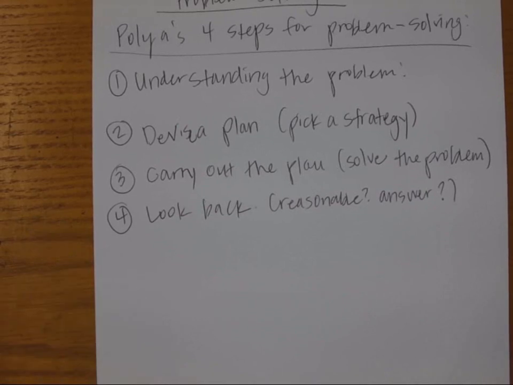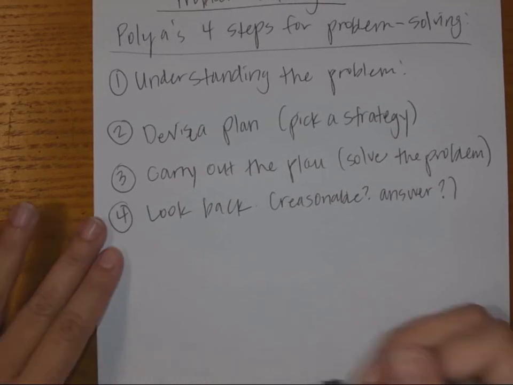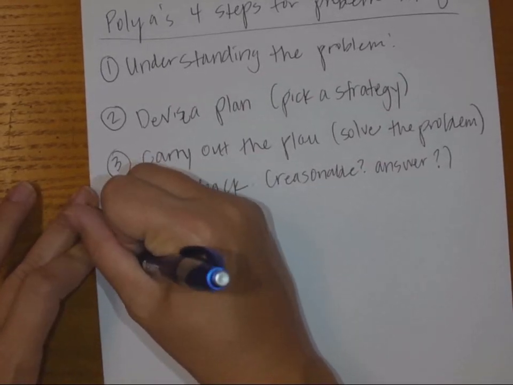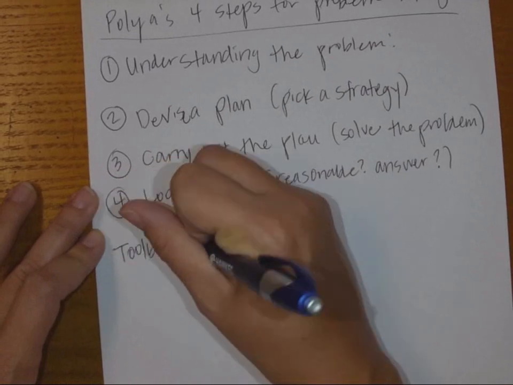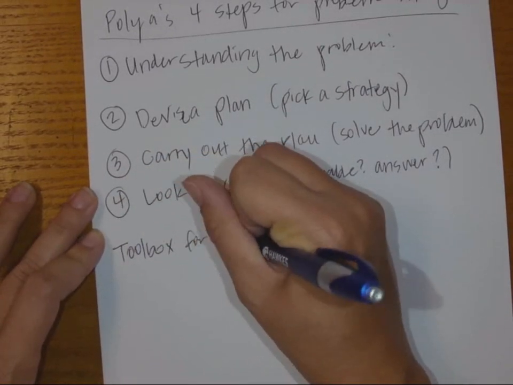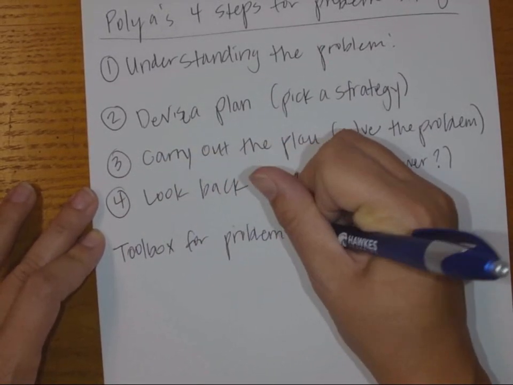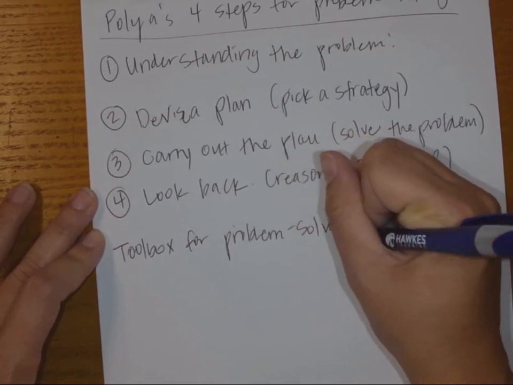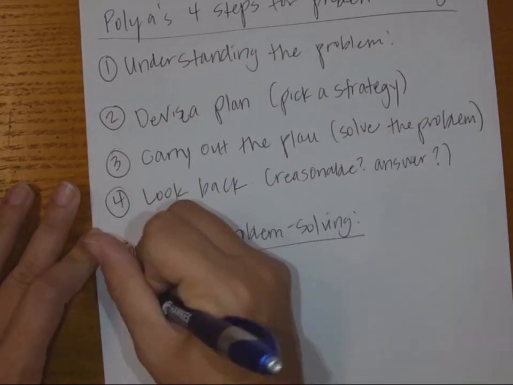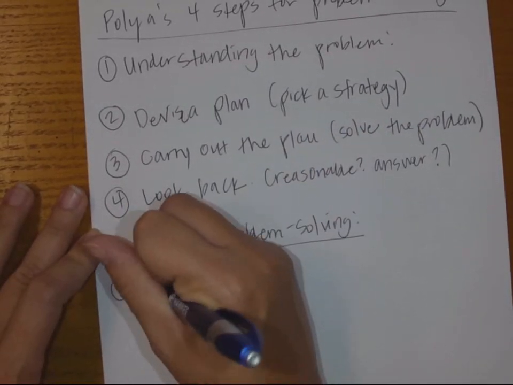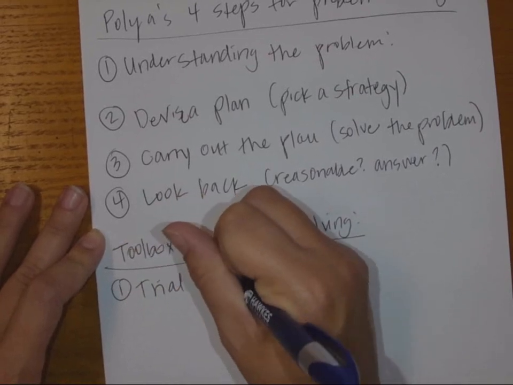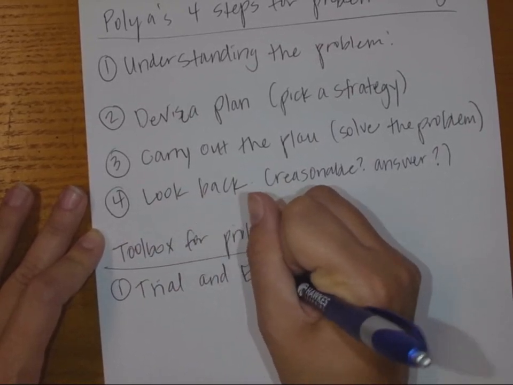Okay, so the 4 strategies we're going to cover today, and we'll cover more next time, we're going to call our toolbox for problem solving. The first one we're going to go over is trial and error.